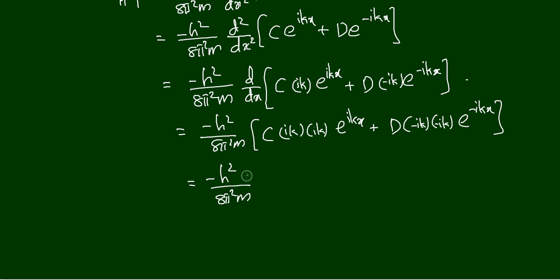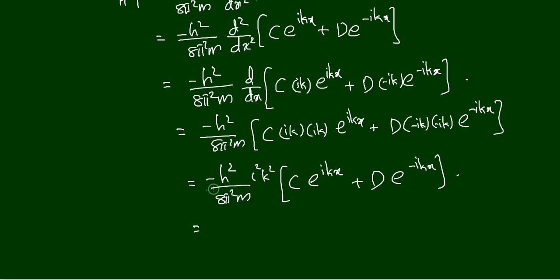So we have i square k square as a common factor here. I can write it like i square k square into what is in the bracket, C e raised to ikx plus D e raised to minus ikx. We know i square is equal to minus 1.